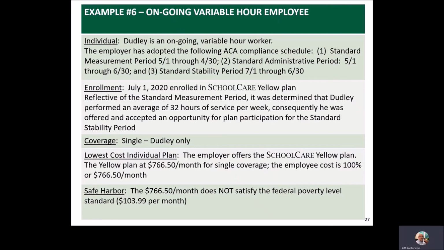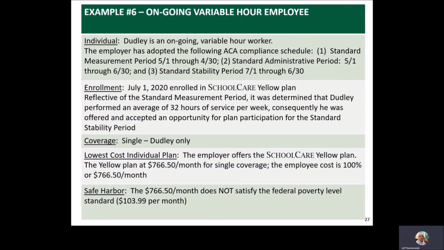Our final example is an ongoing variable hour employee, Dudley. His employer has adopted the following ACA compliance schedule. 1. A standard measurement period May 1st through April 30th. 2. A standard administrative period May 1st through June 30th. And 3.